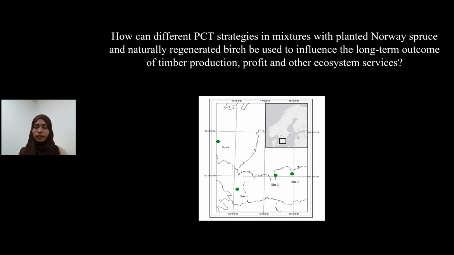And I'm coming to the treatments to explain to you. There was a control in the first pre-commercial thinning, and half of the area remained as a control in the second pre-commercial thinning.